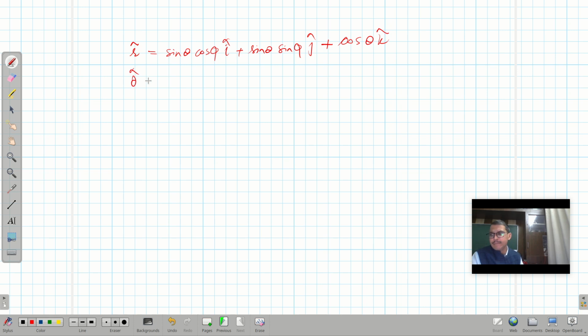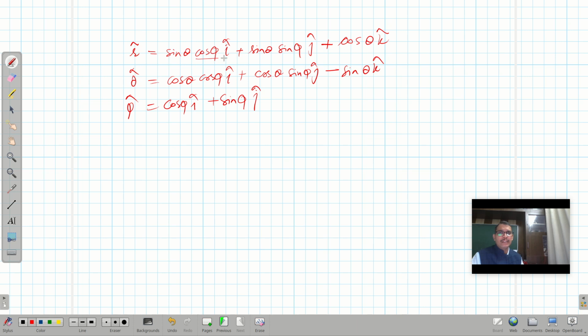And what is theta cap? Theta cap is equal to cos theta cos phi i cap, cos theta sine phi j cap, sorry, it will become minus sine theta k cap. And what is phi cap? Phi cap is equal to cos phi i cap plus sine phi j cap, right?